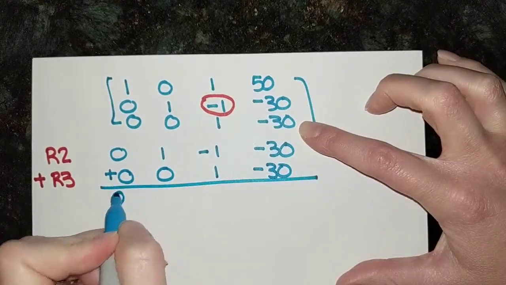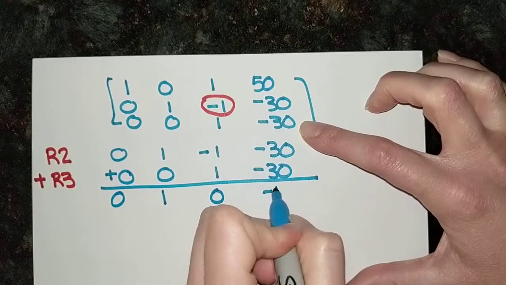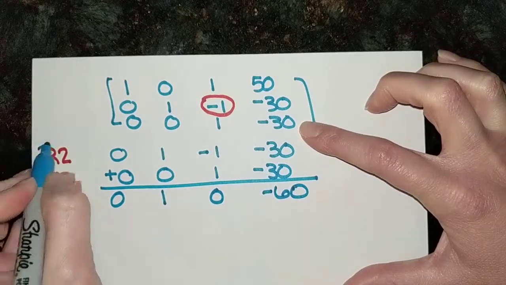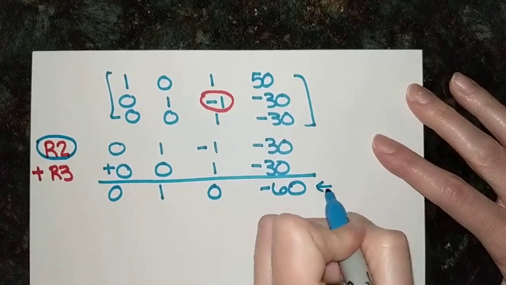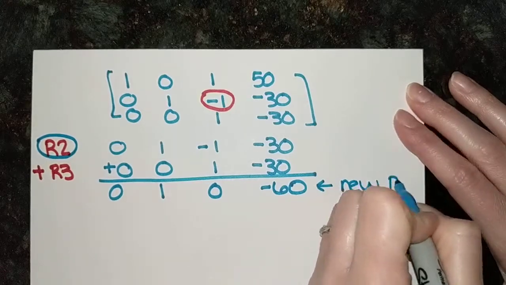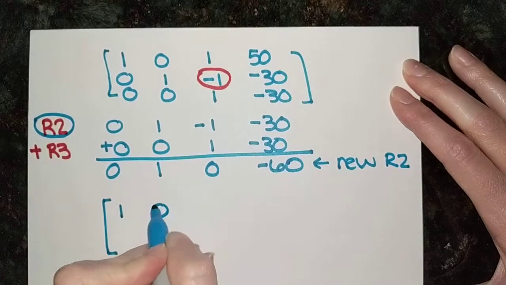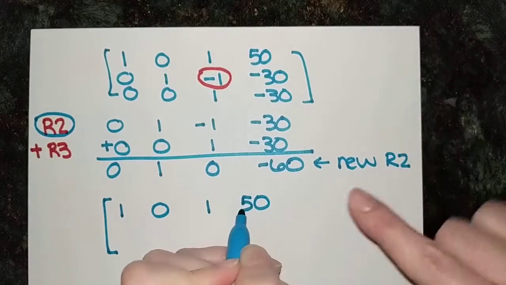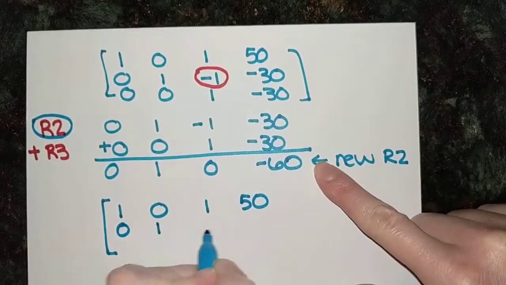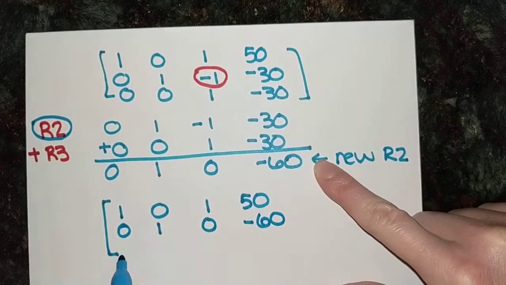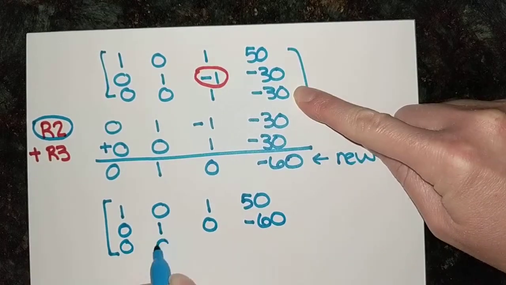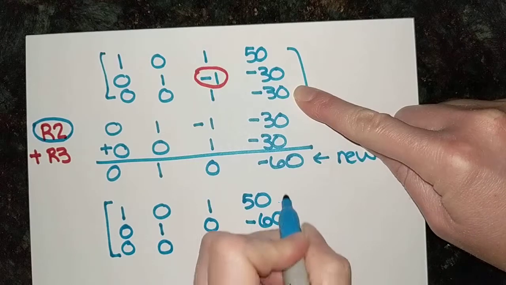Okay, so that gives us 0, 1, 0, -60, and this is our new row 2. Okay, so our matrix will now look like 1, 0, 1, 50, new row 2, 0, 1, 0, -60, and then the row 3 that we had, 0, 0, 1, -30.